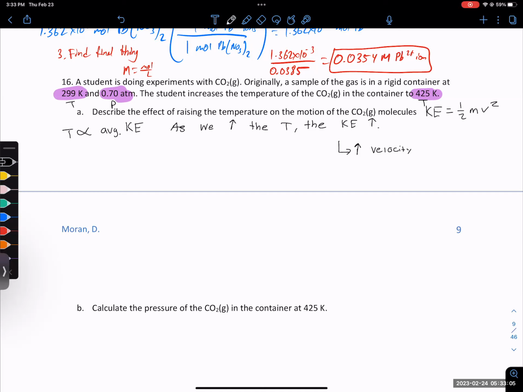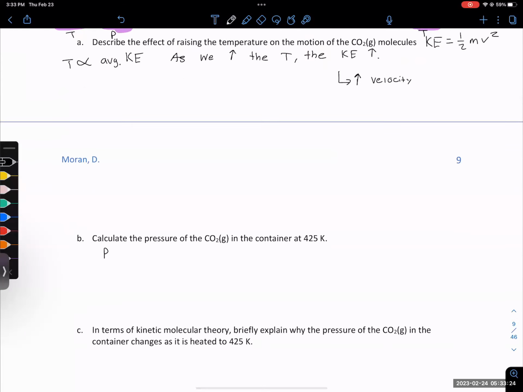We're given the pressure before the increase, and we're asked to find the new pressure after it increased to a different temperature that they give us. What equation should we use here? It's P1 over T1 equals P2 over T2.